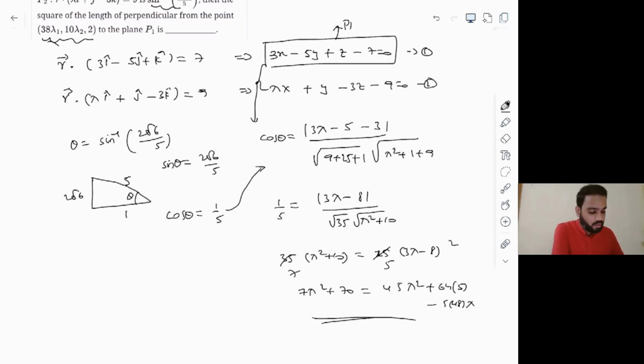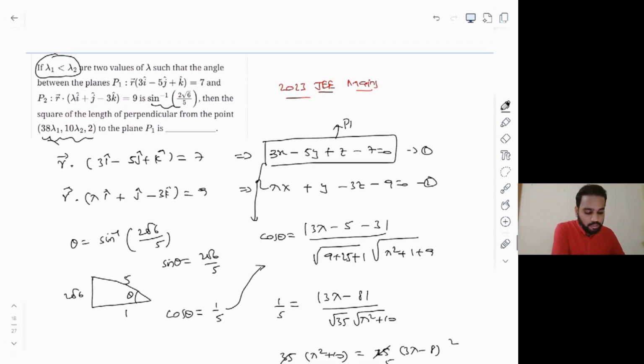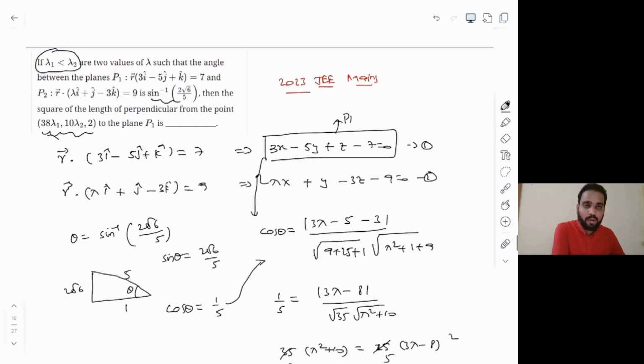I'm leaving the solving part to you, because once we expand this equation, you get a quadratic equation in terms of lambda, which will obviously give you two values of lambda, that are lambda 1 comma lambda 2. Now read the question and try to observe whether you will be able to do the remaining part or not. They said that lambda 1 and lambda 2 are the two values of lambda. So you will solve that and get the values of lambda 1 and lambda 2.